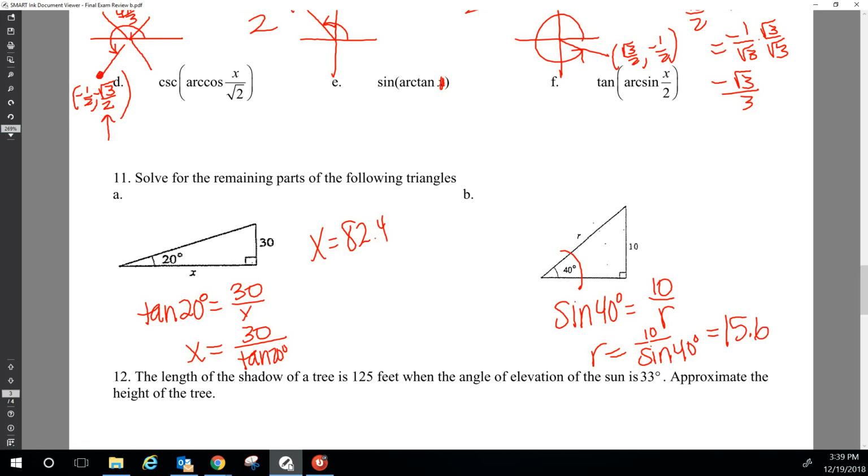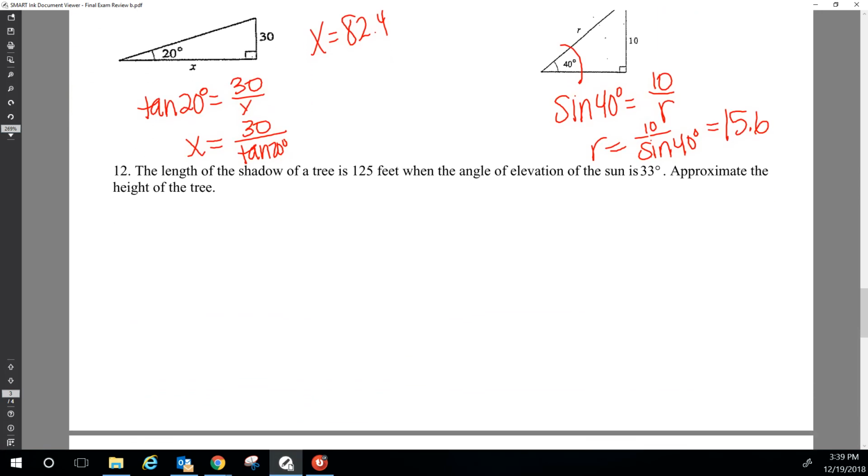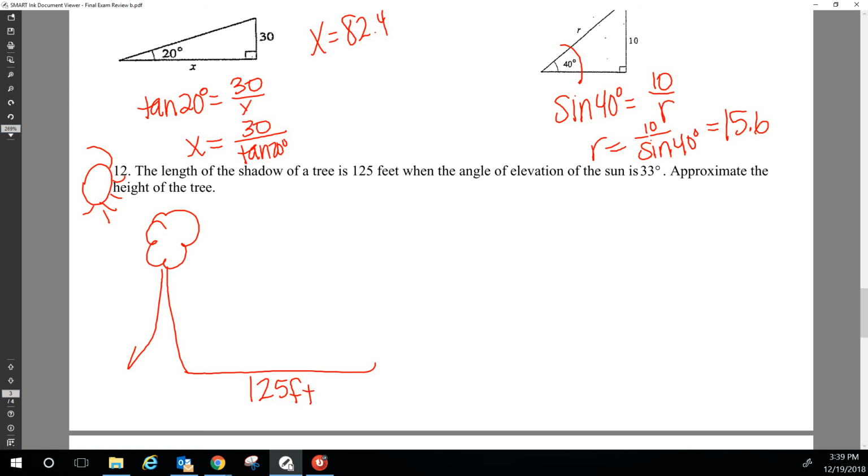All right, the length of the shadow of a tree. So here's my little tree. The length of the shadow, here's the sun shining on it. The length of the shadow is 125 feet when the angle of elevation of the sun, so angle of elevation is the angle off of the ground, is 33 degrees.